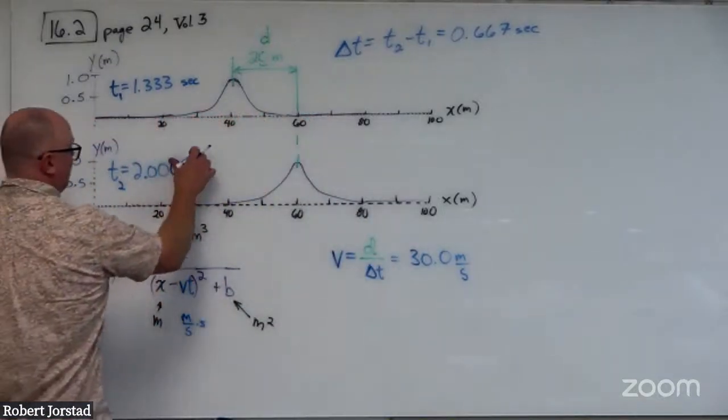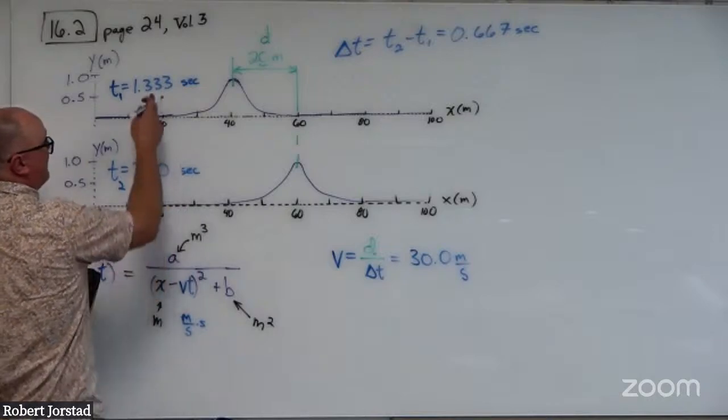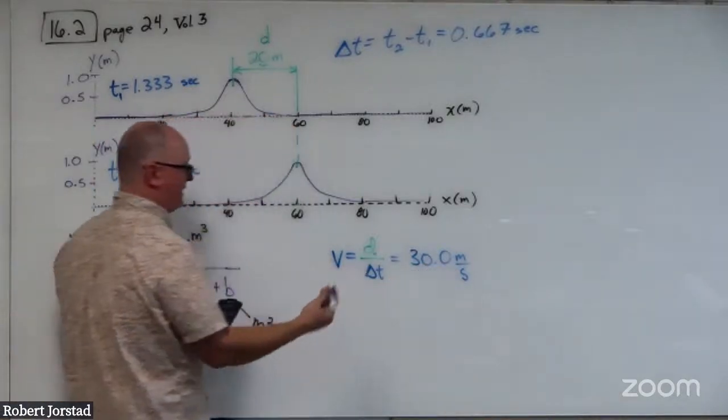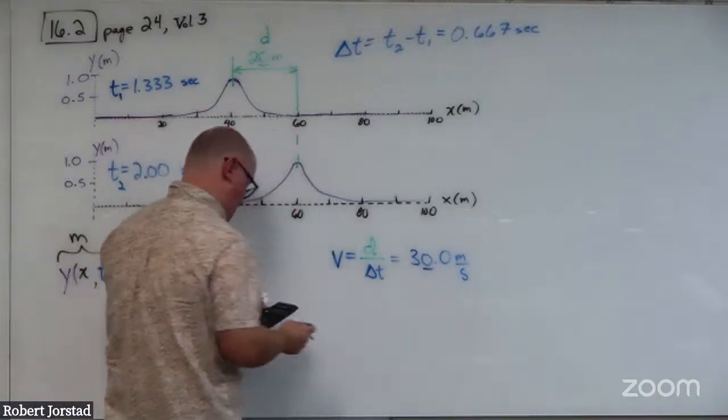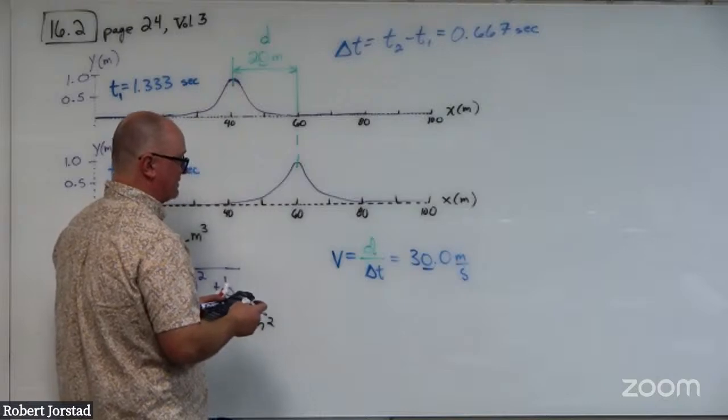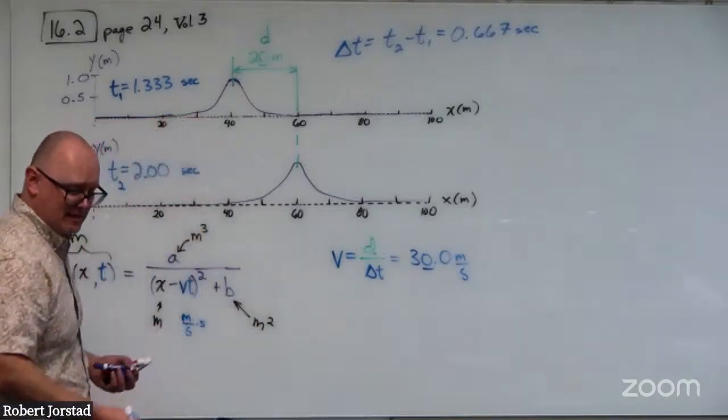You could argue that if I didn't have this 0, we'd really only have about 2 sig figs. So we could round it to here or there, depending on how many sig figs. So let's just go to there. We got 29.99, so we'll just round it to that. So that's how you get the wave speed.